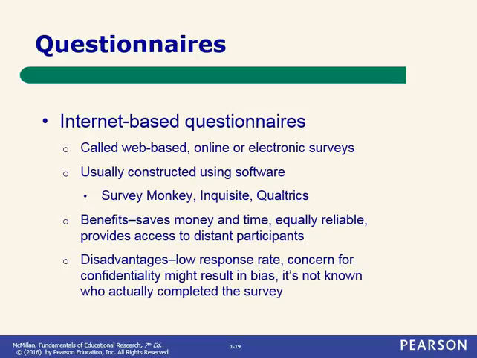There's no issue with reliability or validity because it's the same instrument. It's just delivered in a different format. And an online approach helps us get greater access to a wider range of participants at greater distances. But there are some disadvantages.